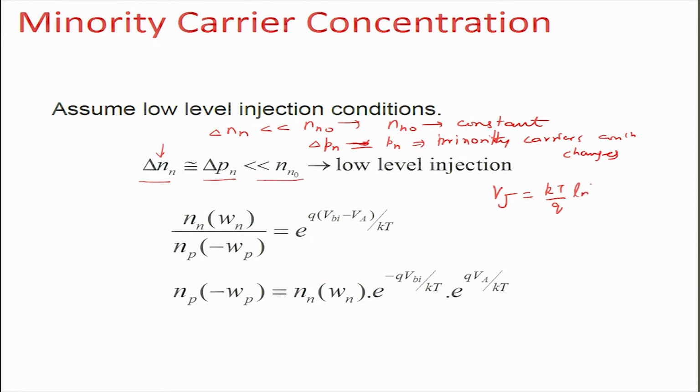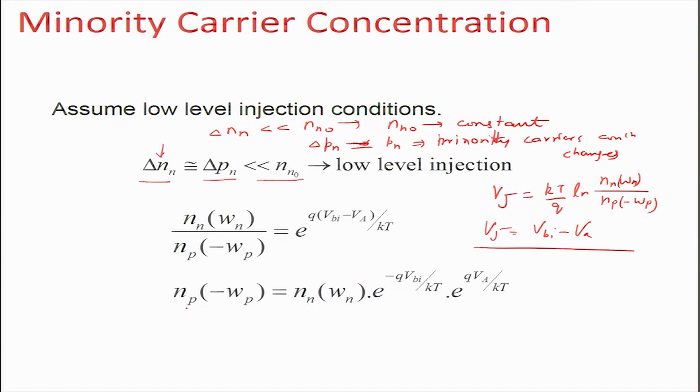ln of Nn(Wn) divided by Np(-Wp), I can now flip this equation. So if I write in terms of electron concentration, it becomes Nn(Wn) divided by Np(-Wp) is equal to exponential of q into (Vbi minus Va) divided by kT, where Vj is equal to Vbi minus Va.